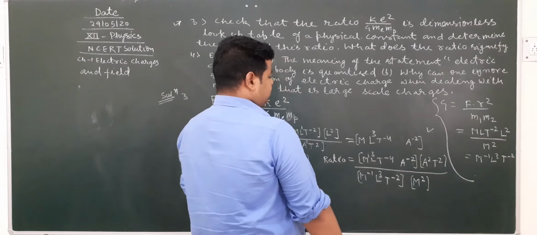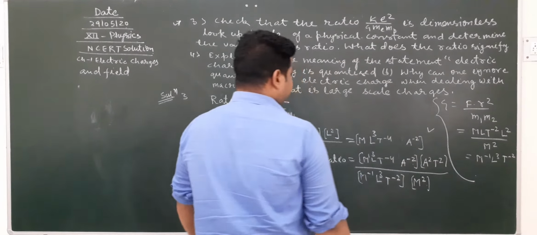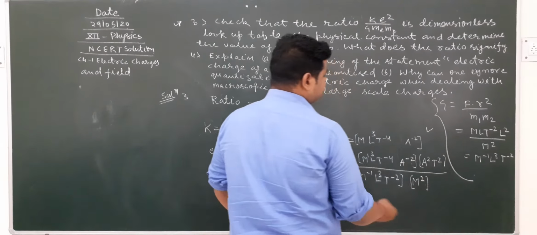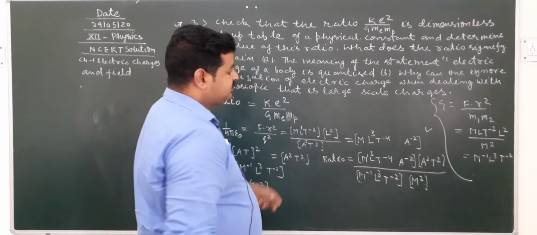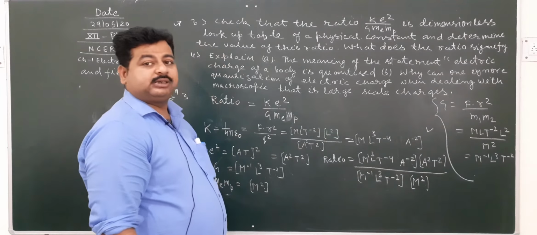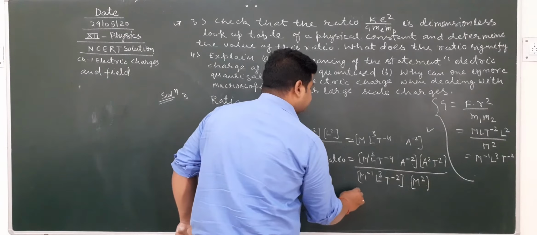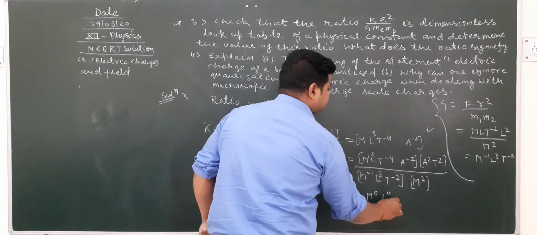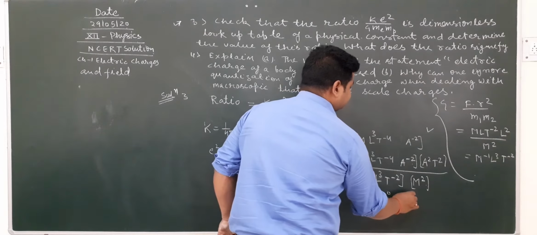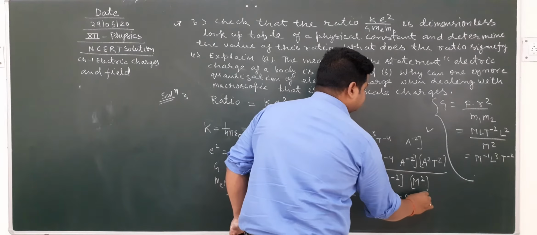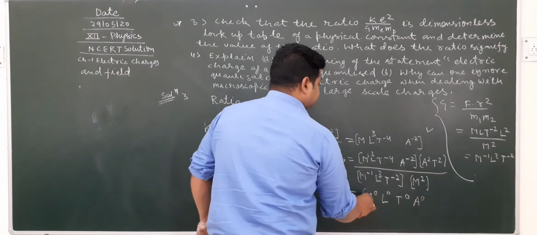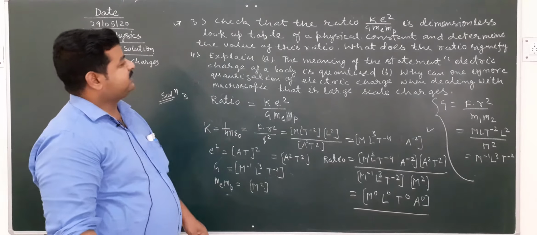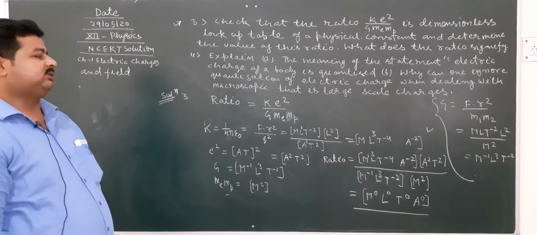Clear? And T raised to power, after simplification, T minus 4 plus 2, T minus 2, so T minus 2 and T minus 2 also cancel each other. So what do we get? M raised to power 0, L raised to power 0, T raised to power 0 and A raised to power 0. So from this dimensional formula we can say the ratio is dimensionless.